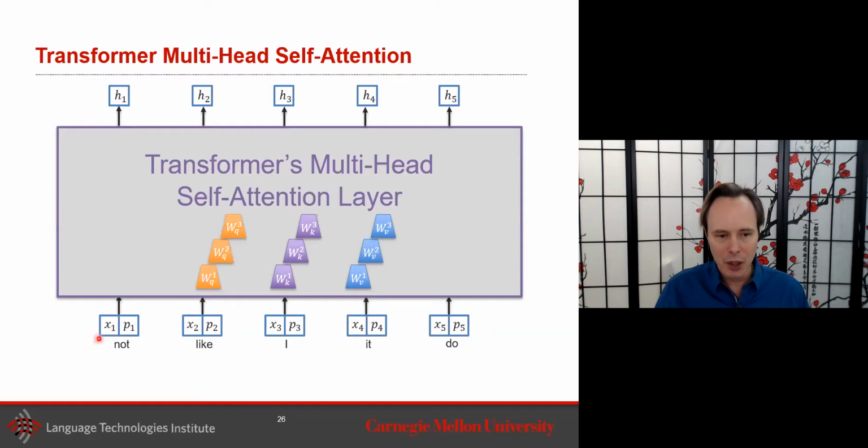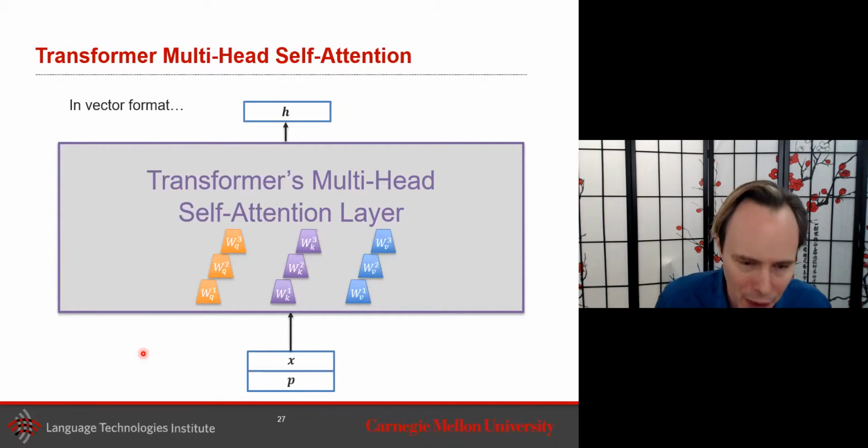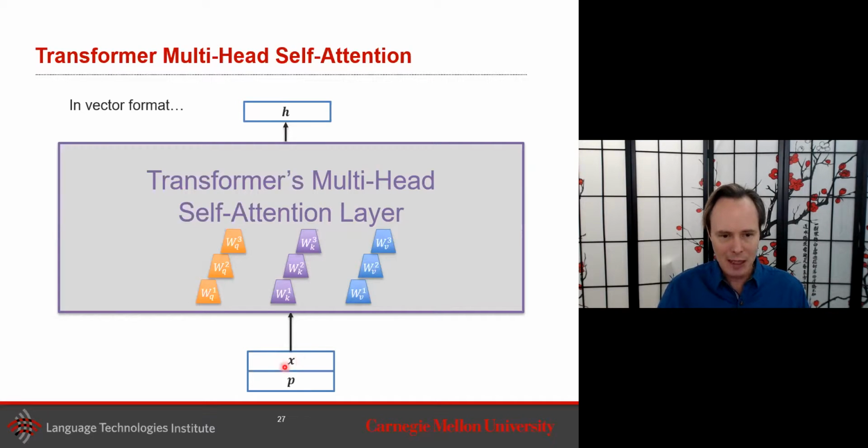And so X1, if I put a different word here, it would be different, but the position embedding will stay the same. And just in vector format for people, and I'm going to use that vector format later on. I say vector, but to be true, it's a matrix format, because this is a vector of vectors.